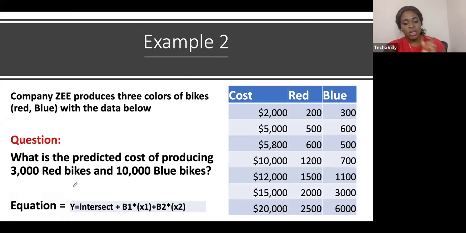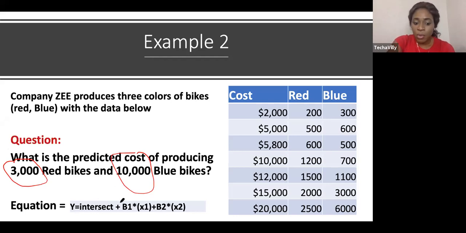Now we're going to use the output we get from this regression to run the equation. So the company wants to know how much it will cost to produce 3,000 red bikes and 10,000 blue bikes. To get this, you use the intercept of the regression, and add it to B1, which we're going to get from the regression that we will run, times 3,000.